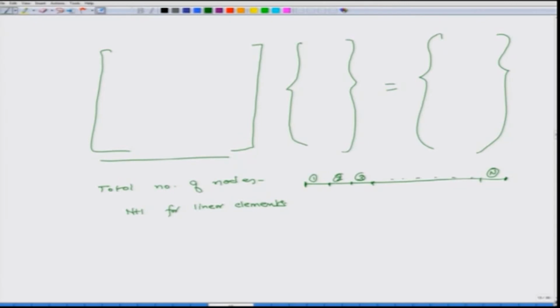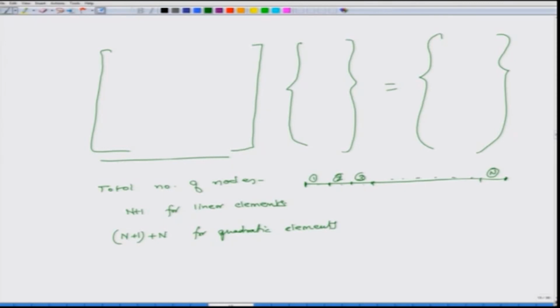Agreed? If you have quadratic elements, then how much will there be? N plus 1, and then there will be one node in the middle of each element. So it will be n plus 1 plus n. Agreed? For quadratic elements.